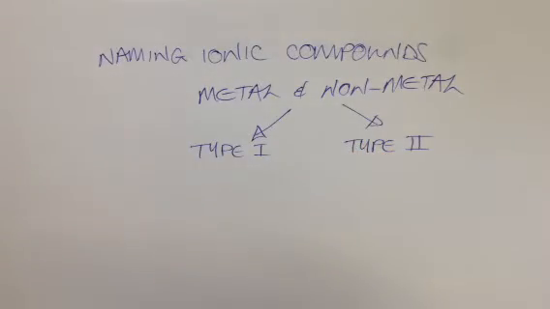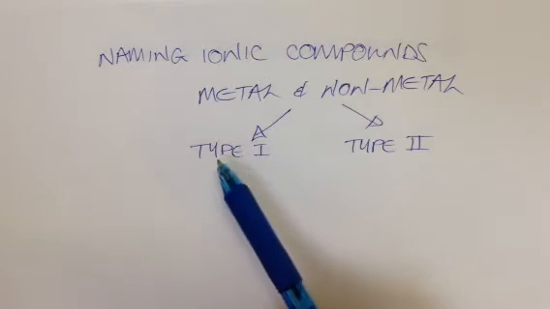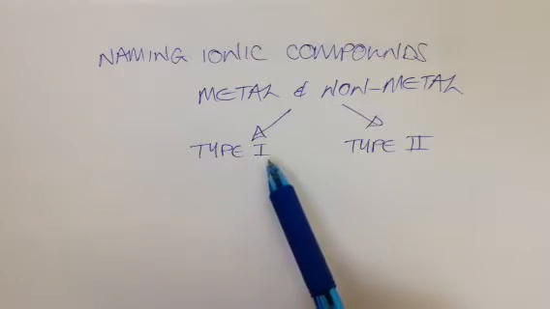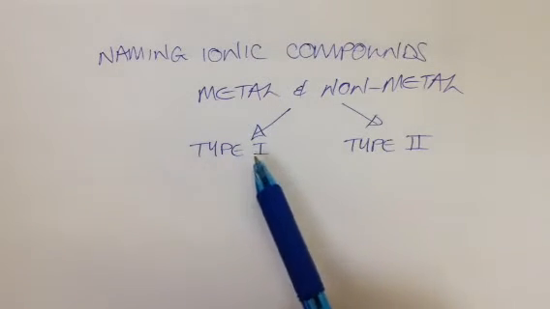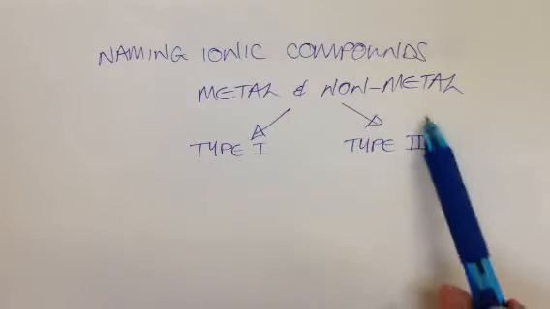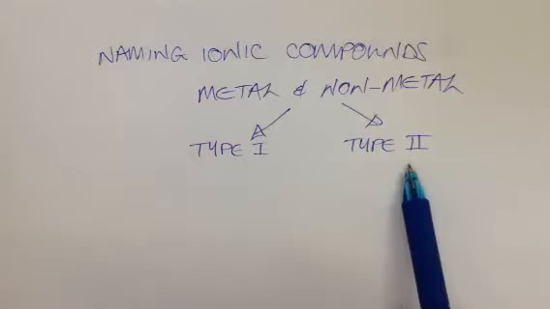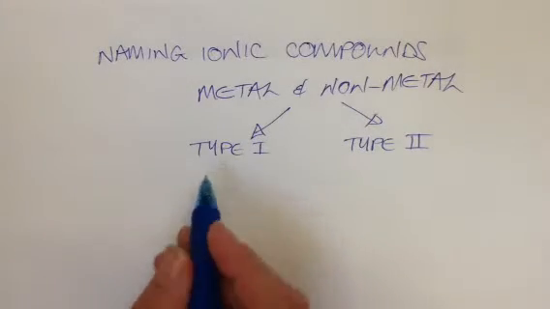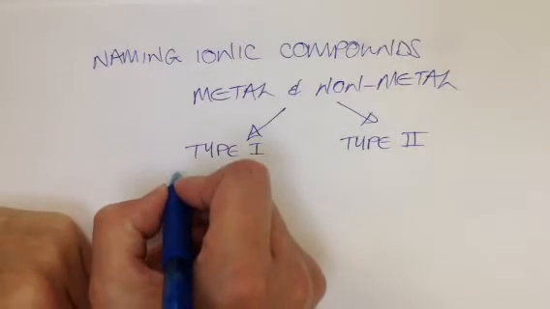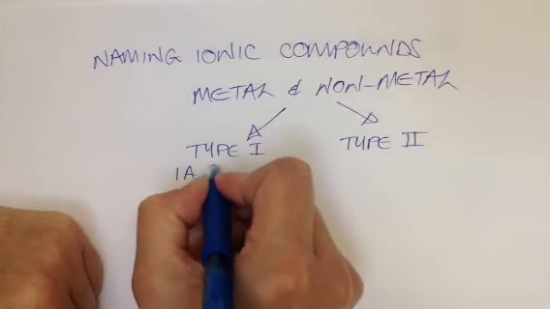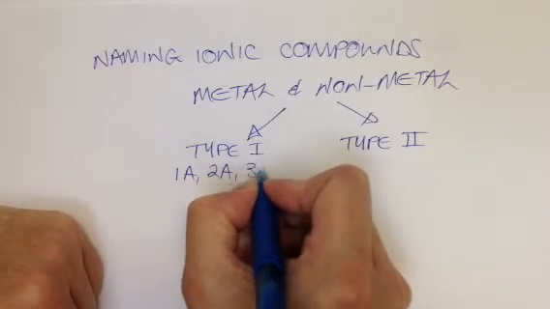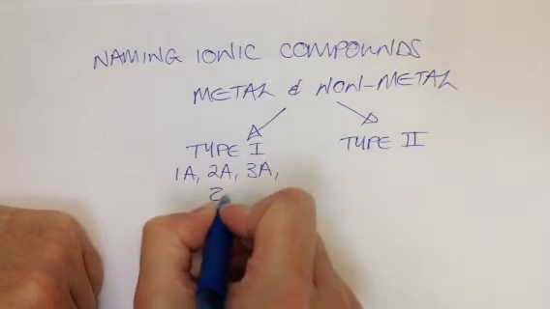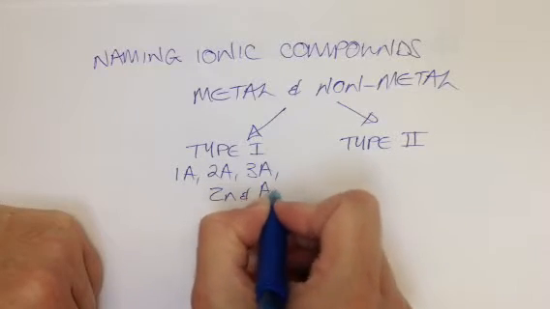And to answer that question, you need to take a look at the periodic table and determine if the metal can form more than one type of ion, which is type 2, or only one type of ion, which is type 1. The metals that form only one type of ion are the metals in group 1A, 2A, 3A, zinc, and silver.